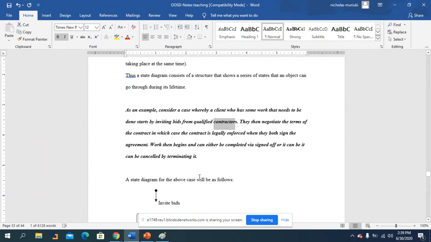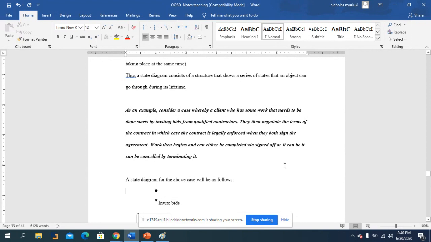But in this state diagram, we are not interested with the actors. We are only interested with the operations. That is another advantage. We are not interested with the actors, but we are only interested with the operations. And this time, we can look at the whole operation of a system, but not part of the systems that we have. So in this case, we are looking at the whole system in a given point.